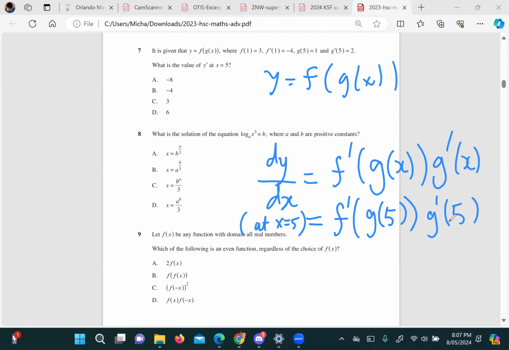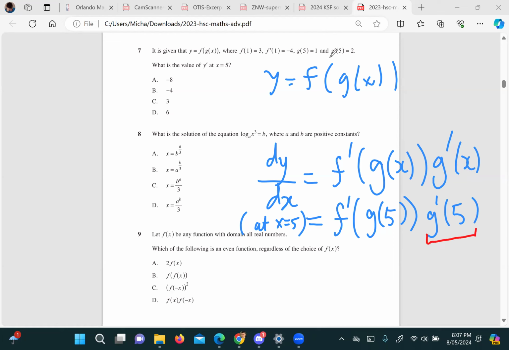Now what? They've given us values and then we can sub them in. Yeah, exactly. For example, this g prime of 5.